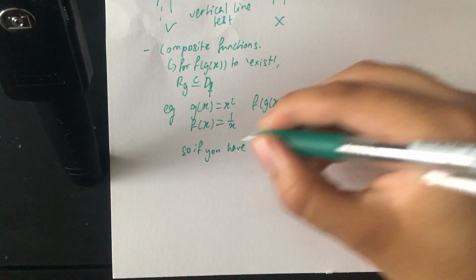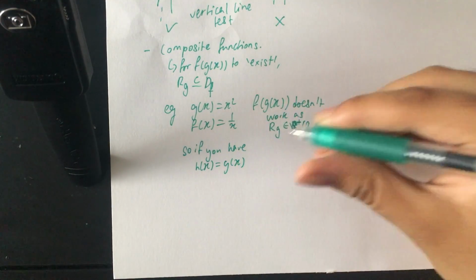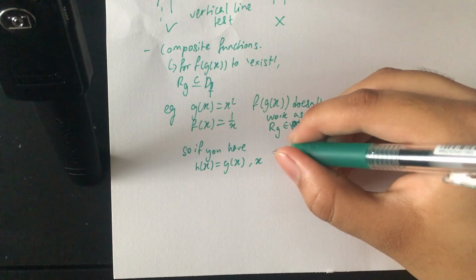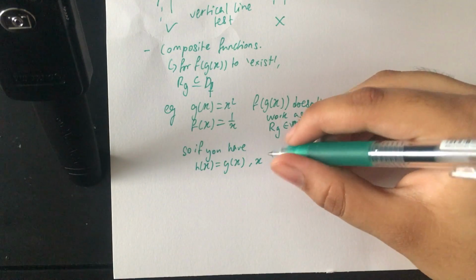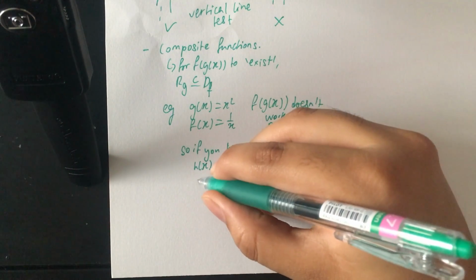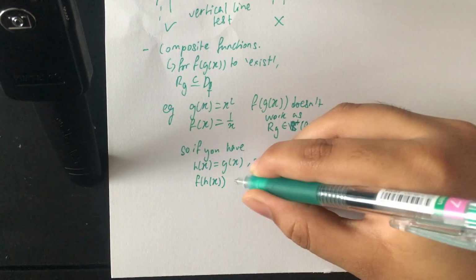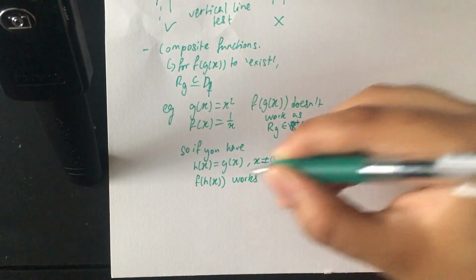So in this case, when you input g into f, you would need to ensure that the corresponding domain doesn't include 0. At least you must write it down. f(g(x)) would be 1 over x squared, where x cannot be 0. That's basically how you would write it.